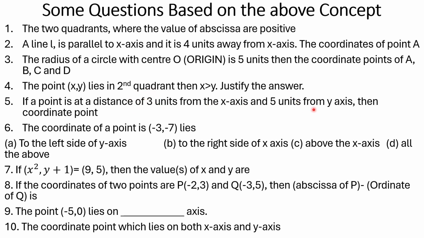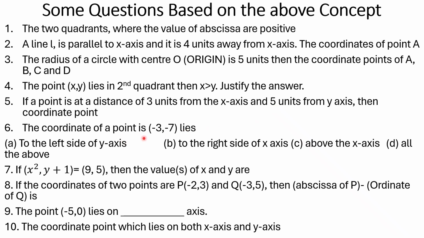And the same point is at a distance of 5 units from the y-axis, that is my abscissa. So we have the point as 5, 3, or you can write negative 5, 3.